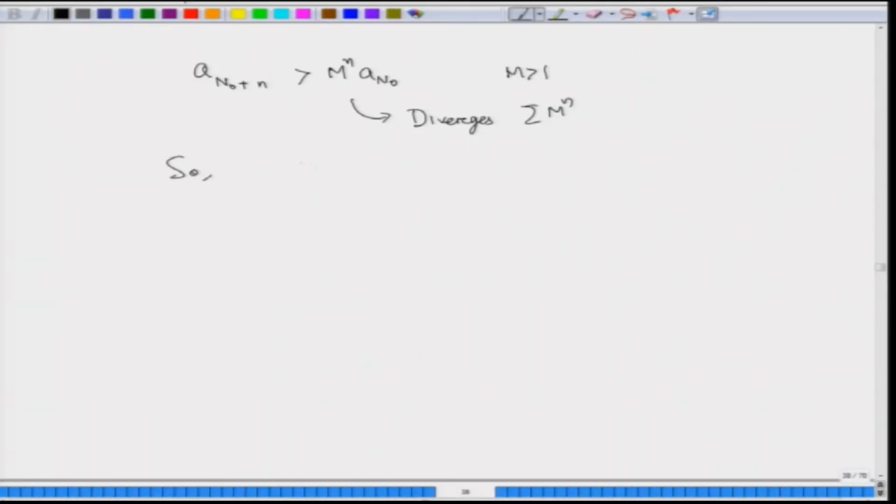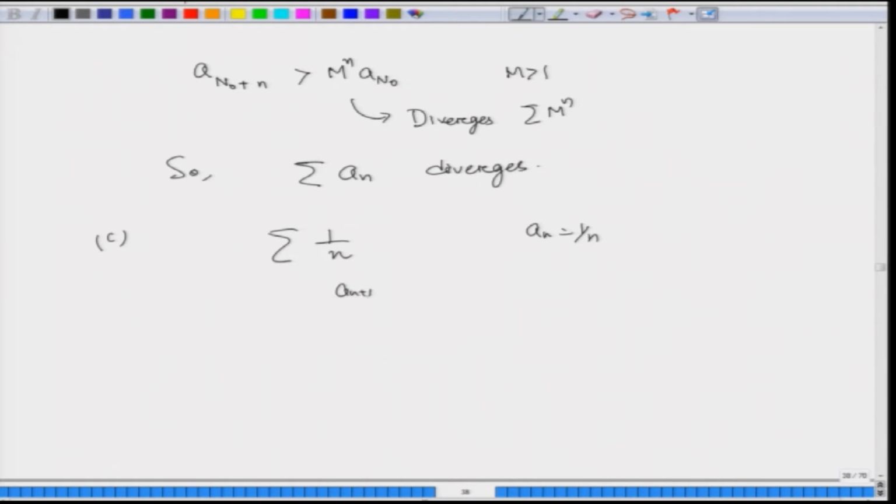Now, for L equal to 1, we may not conclude, because consider the series 1 over n, a_n equal to 1 over n.